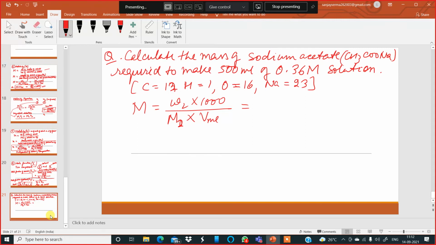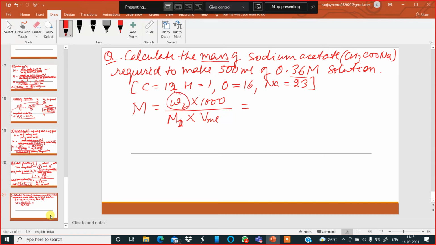What is the value of W2? 0.36 M, actually. Okay, that is the molarity. You have to find the mass.